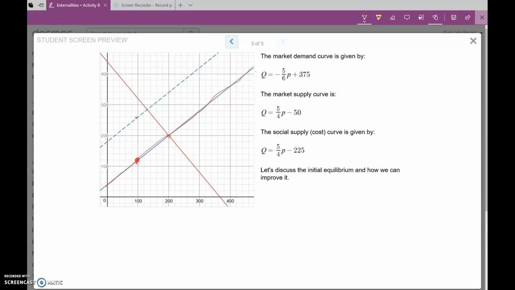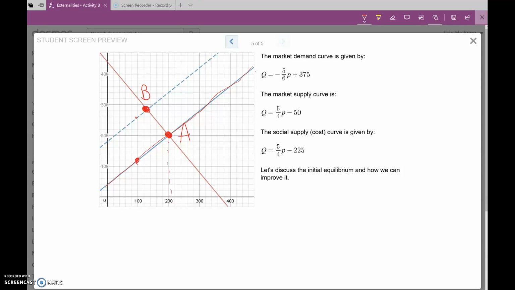So the market equilibrium that we would get to without any interventions is right here, but the socially optimal amount is right here. So I want you to go ahead and figure out what those two bundles are. So go ahead and put those in.